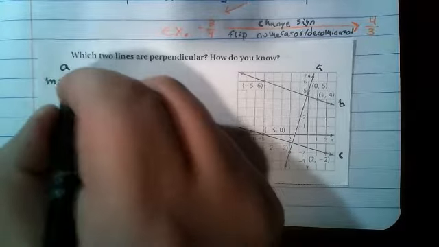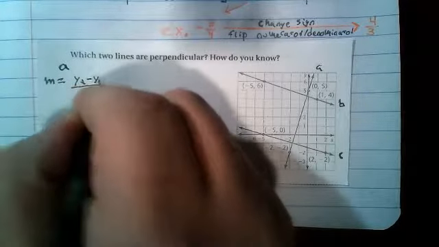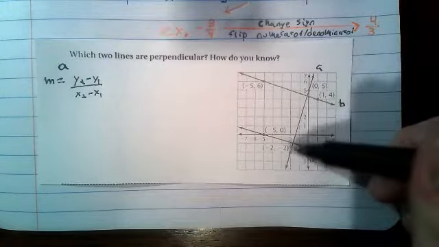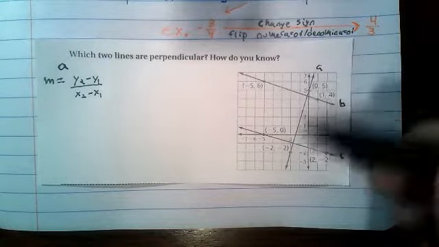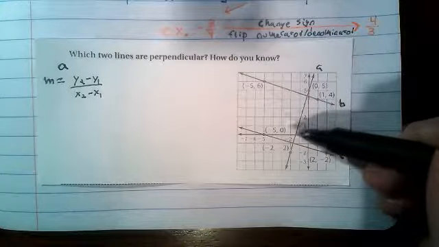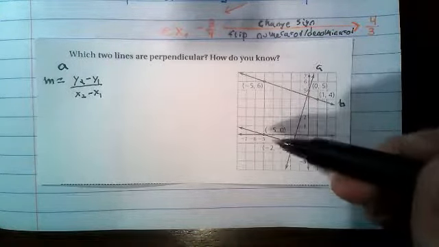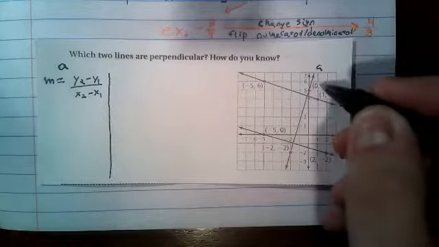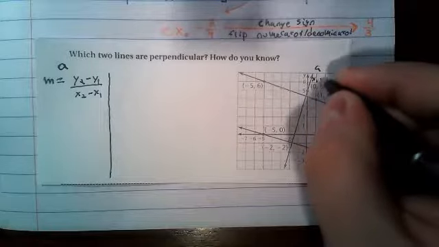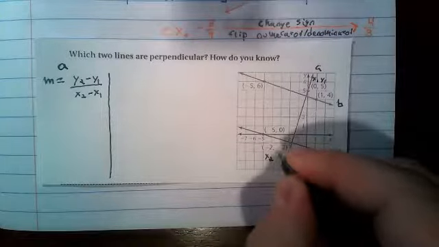The slope formula is y2 minus y1 over x2 minus x1. And you could count here, but it's very tricky because there's a lot of intersections and I don't want to make a mistake. So I'm not going to count, I'm going to use the slope formula. So for A, my points are 0, 5, that's my x1, y1, and negative 2, negative 2, that's my x2, y2.